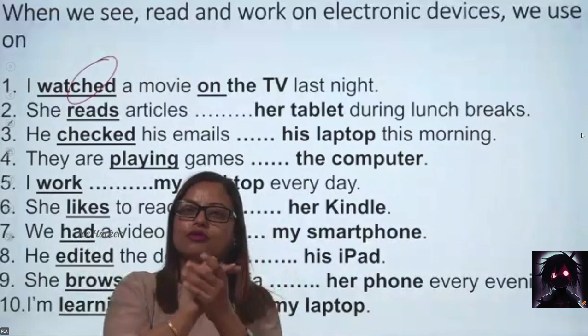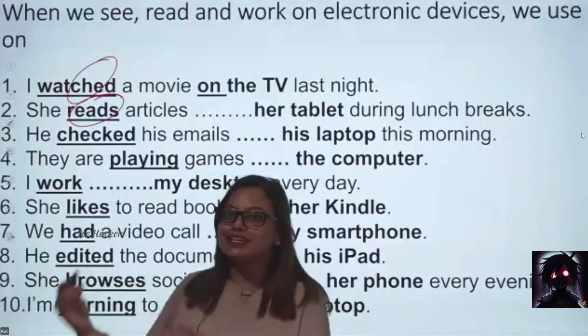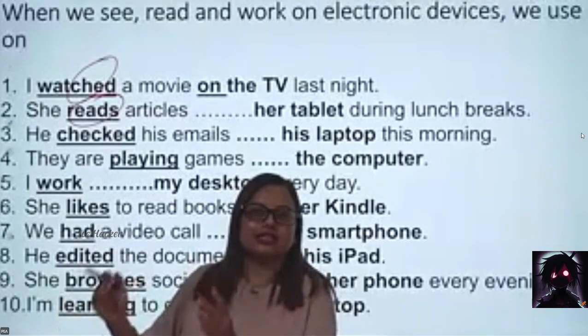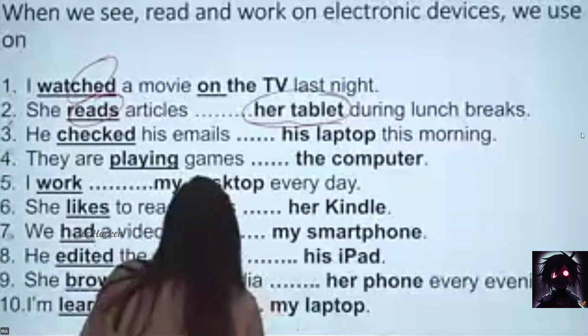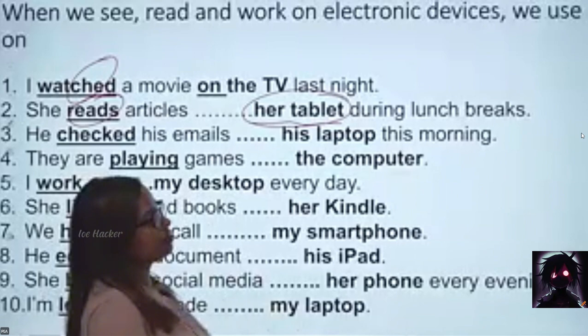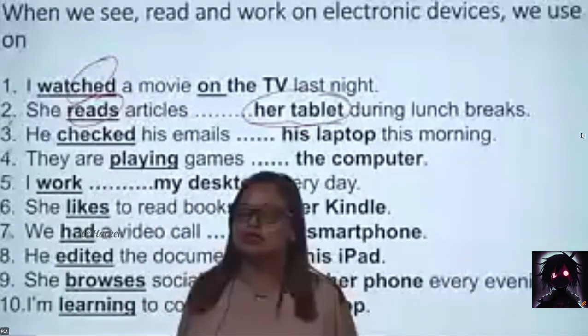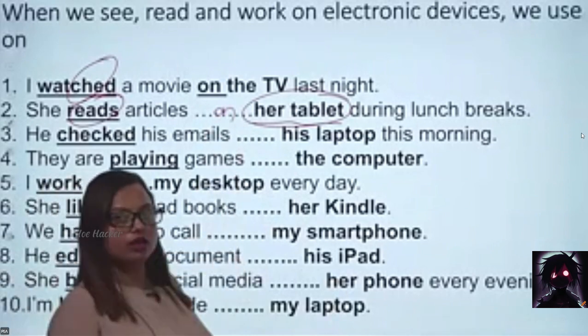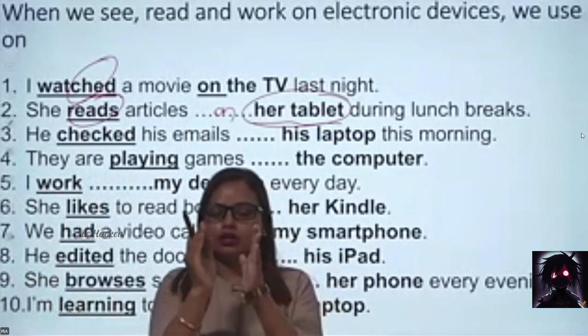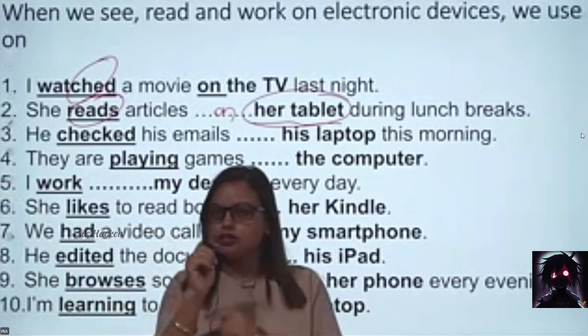She reads. What is she doing? She's reading. Where? On her tablet. Your tablet falls into the category of electronic devices. That's why she reads an article on her tablet. You have to be careful with the use of on here.